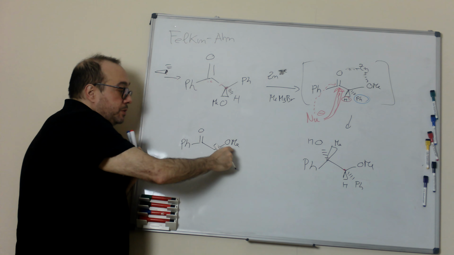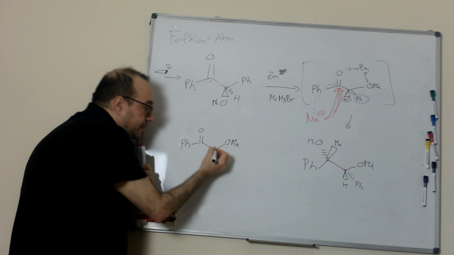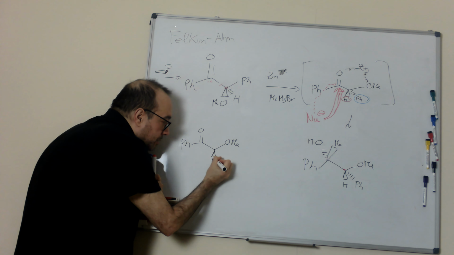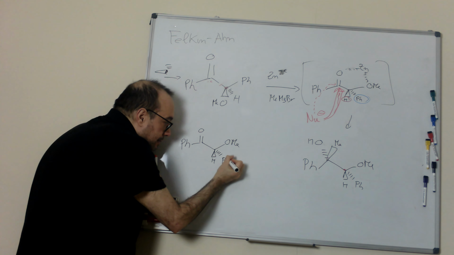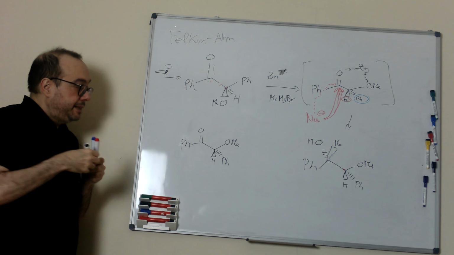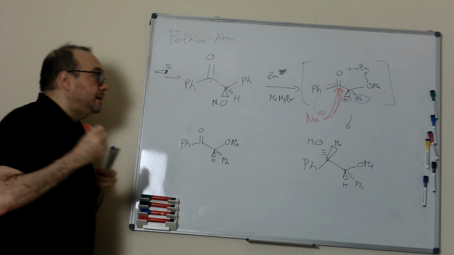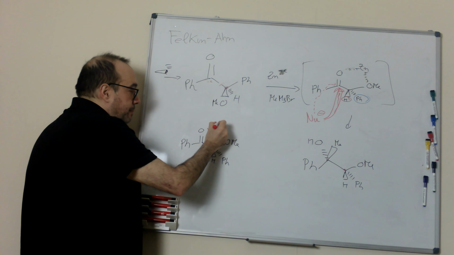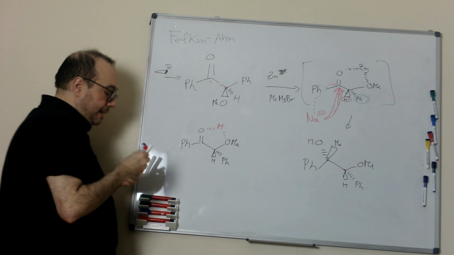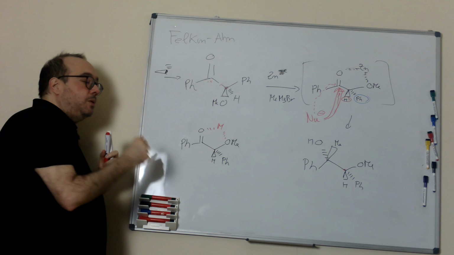Then, in order to put the methoxide in this direction, I have to rotate the molecule, and if I rotate the molecule, I get this stereocenter here. And then the only thing I need to do is to add the metal to form the chelate. This is a fixed structure, a 5-member ring.